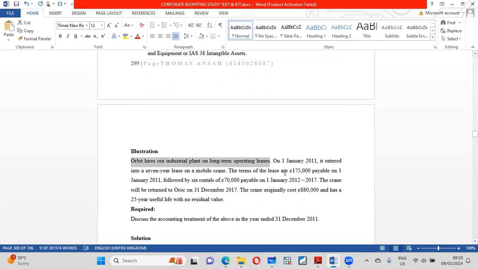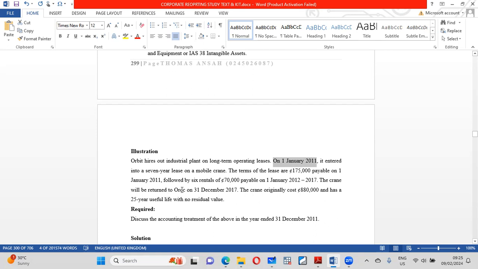The terms of the lease are 175,000 payable at the beginning of every year, because this is the date it started, so initially they will pay 175,000, followed by 70,000 payable from 2012 to 2017.